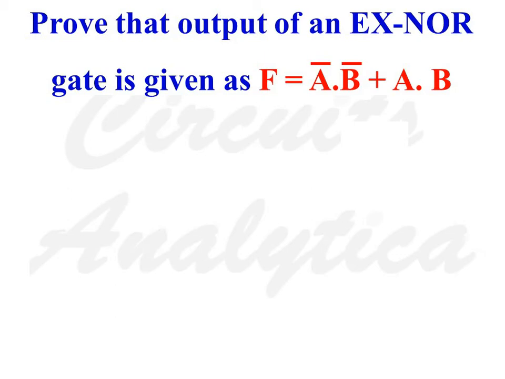We are asked to prove that the output of an XNOR gate is given as F is equal to A bar and B bar or A and B, if the output of an XOR gate is A bar and B or A and B bar.